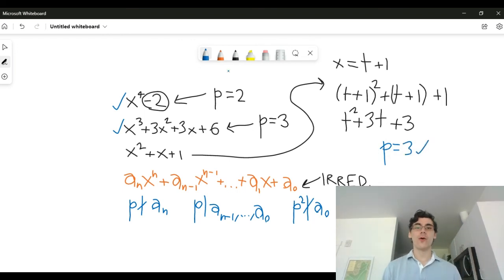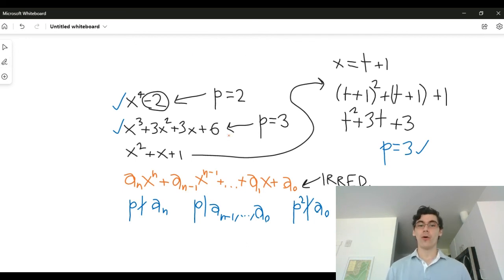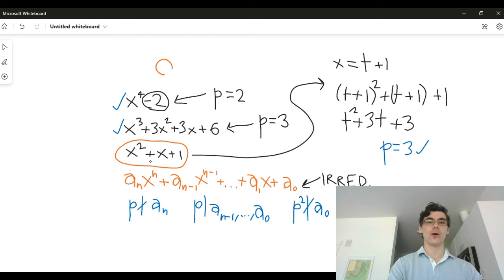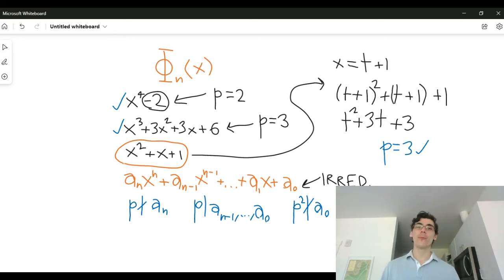Okay, so that proves that all of these polynomials are irreducible. This last polynomial I will also mention, so this guy right here, is an example of what's called a cyclotomic polynomial, which if you're taking abstract algebra, you may have heard about already. These are usually denoted like phi_n of x. And it's actually possible to prove more generally that these cyclotomic polynomials are irreducible in the case where n is a prime.